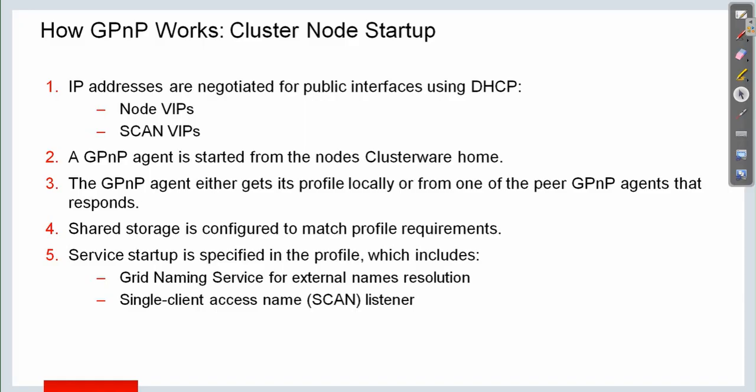And then the Grid Plug and Play agent is started, and this agent will get profile information to understand and to configure underlying storage and also to start up all additional services. So when you restart Clusterware, IP address assignment and configuring underlying storage is automatic. And it's also the same when you add a new server or remove a server. So you can simplify cluster management.